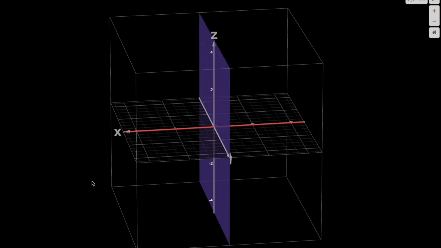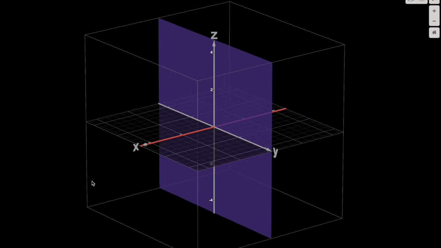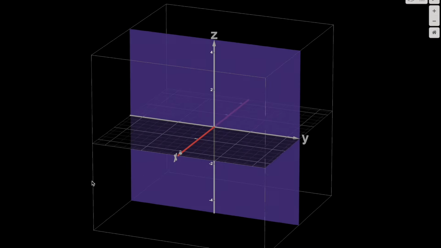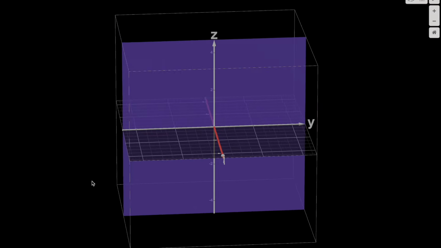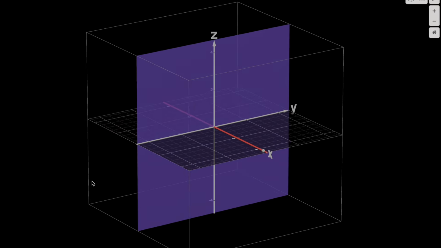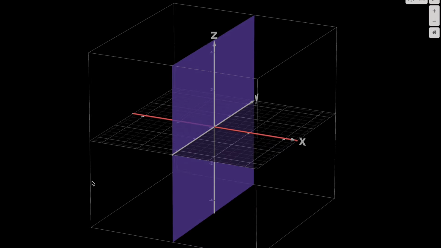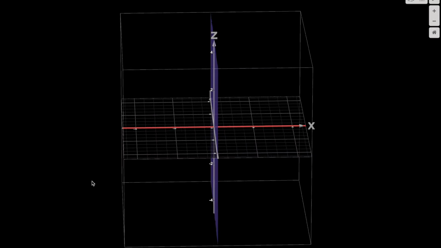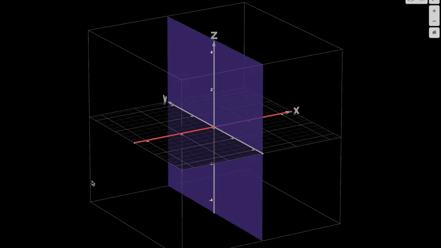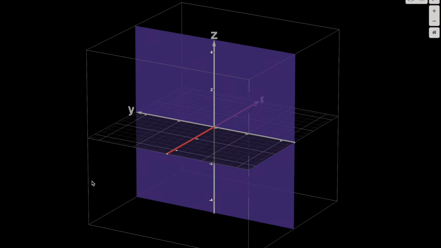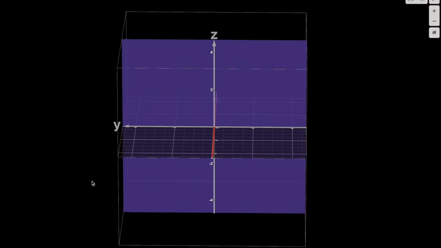I think some of you might have noticed that the left null space is perpendicular to the column space, isn't it? Because the left null space is the x-axis, whereas the column space is the yz plane. This is not by accident, or just for this matrix. This is for every matrix.